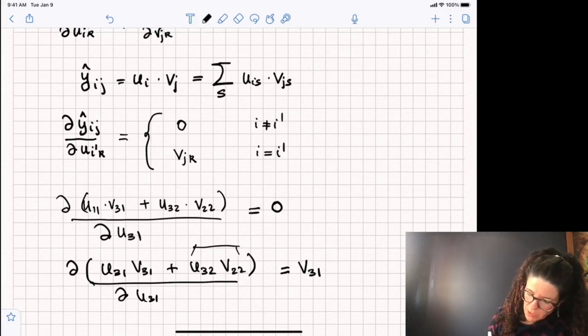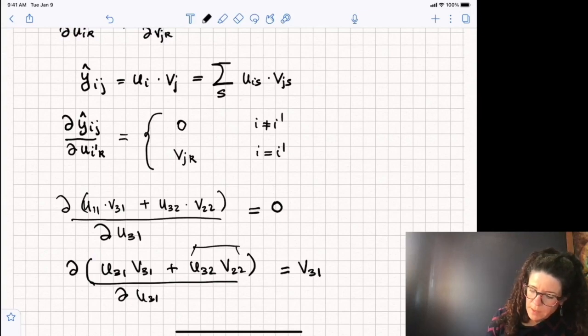By looking at this, hopefully it's clear that when we differentiate y hat ij with respect to u i prime k, first of all, if i prime is not equal to i, then u i prime k is not in the sum at all, so everything is 0.